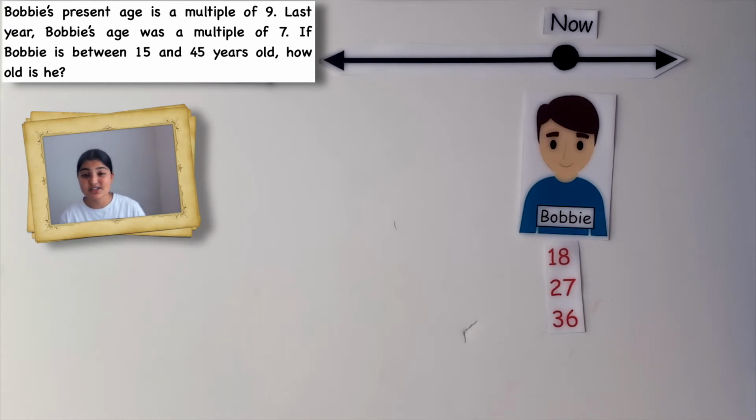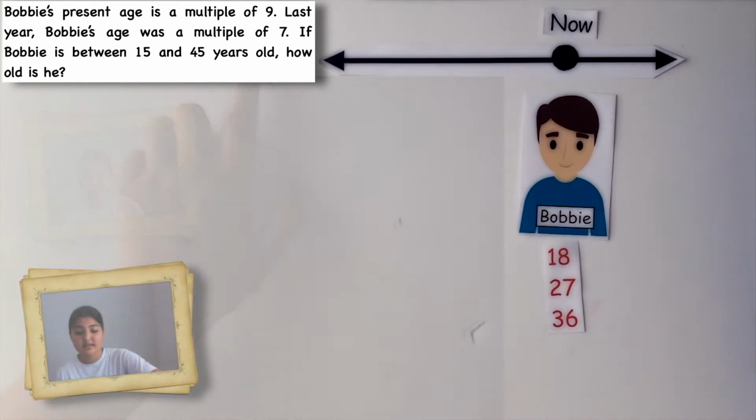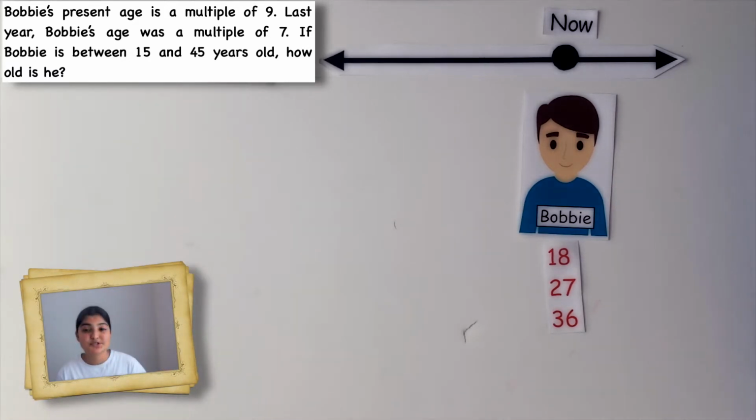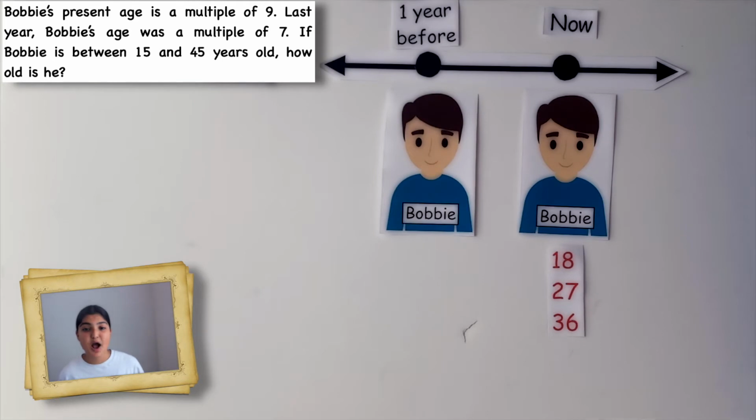Now, let's look back at the question. Last year, Bobbie's age was a multiple of 7. So let's go back 1 year on our timeline. The problem tells us that Bobbie's age 1 year earlier is a multiple of 7 that is between 15 and 45.